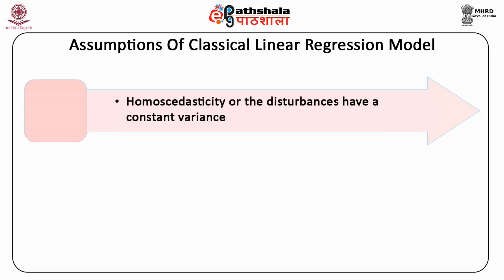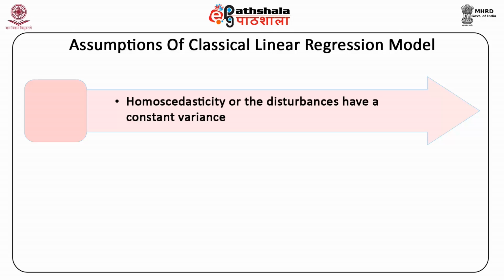That is, the conditional variances of ui are identical. Symbolically, we have variance of ui given xi is equal to sigma square.